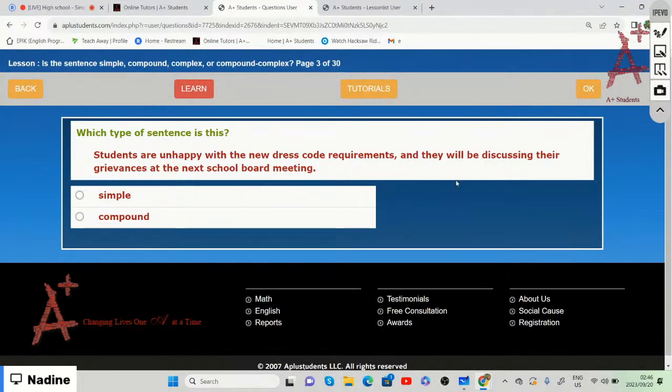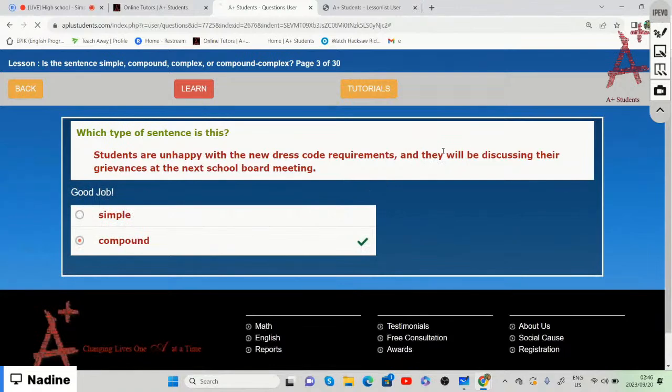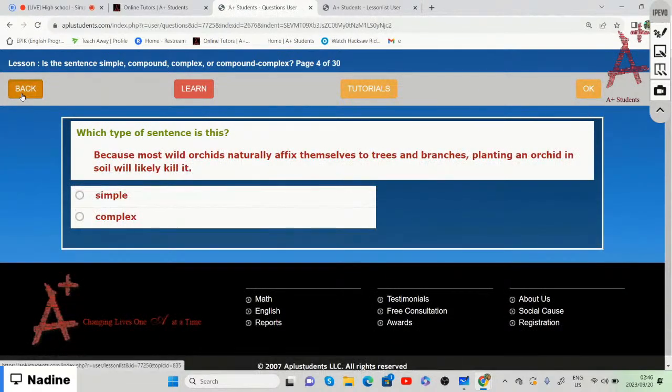So in this case, there we have and, so we can say it's a compound sentence. And it is joined by a conjunction.